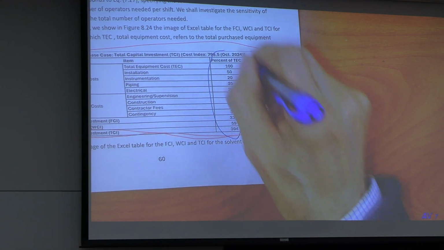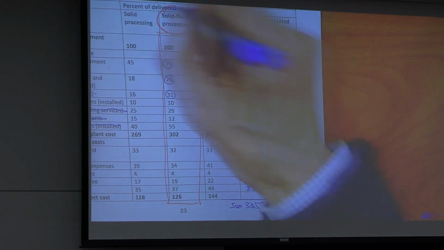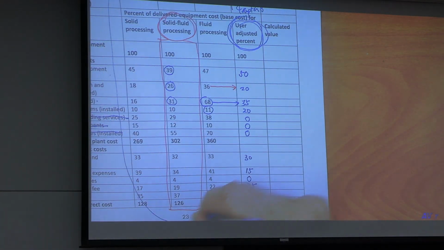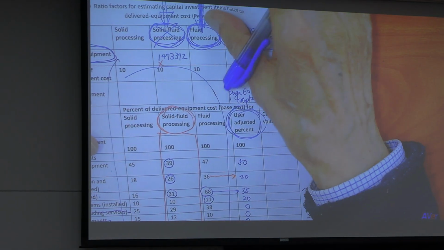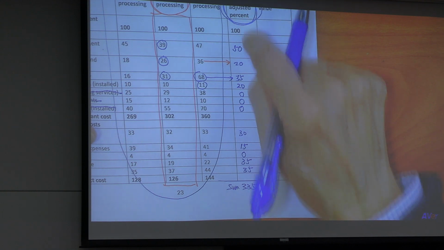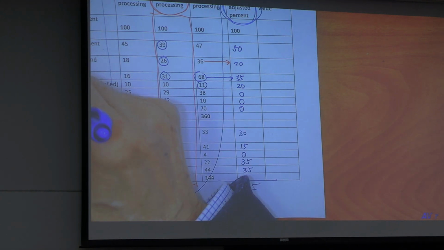Where does this percentage come from? This is recommended by Peters and Timmerhaus. After you choose the base case, you be flexible. You are doing a retrofit, you don't need this.